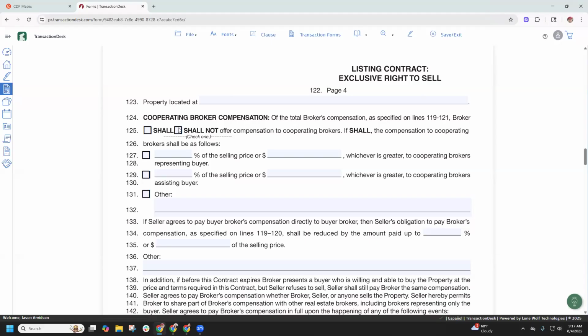Jason, I was just going to ask, in that situation, if it ever happened where the buyer would only pay 2.5% instead of the 2.7, would the seller make up the 0.2%? Or if the seller was offering 2.5 and the buyer contracted at 2.7, where would that come from?